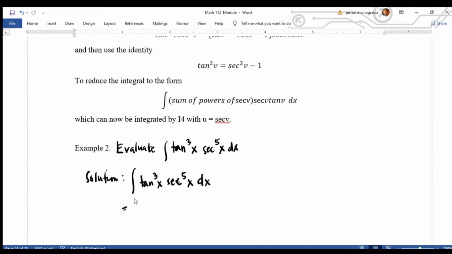We now have the integral of tangent of 3 minus 1 x, and we have secant of 5 minus 1 x times secant x times tangent x dx.